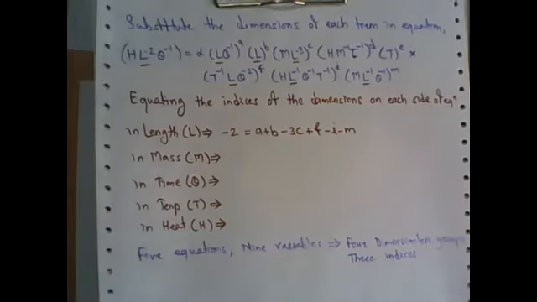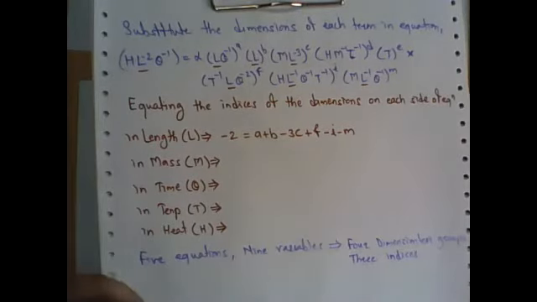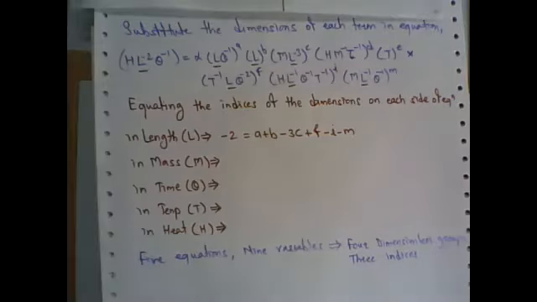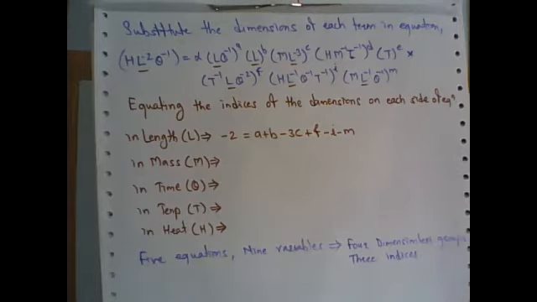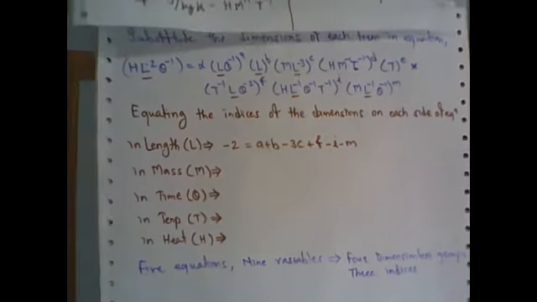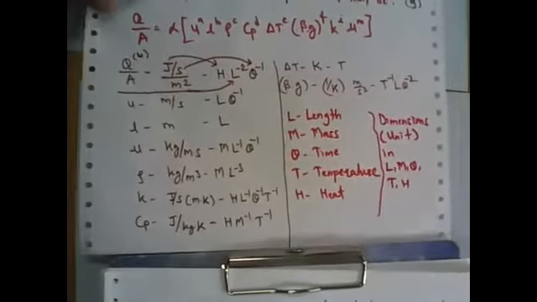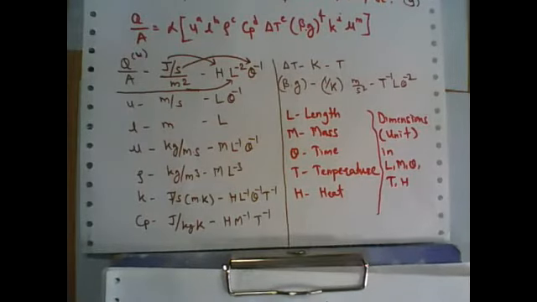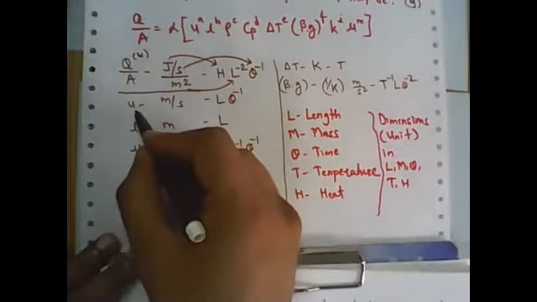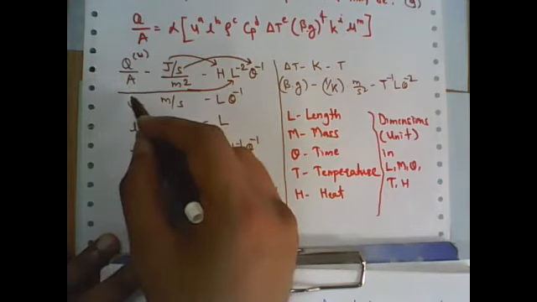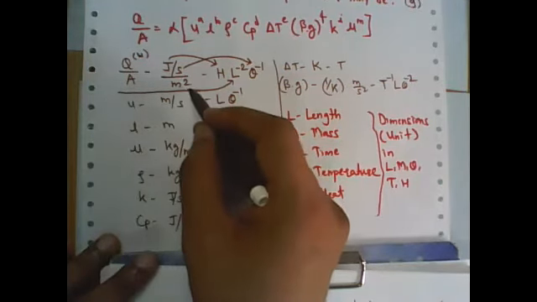Then you should put these parameters, or these L, m, theta, T, H numbers, in the equation. Now please observe this. I will give you some example. This is Q by A, so this is joules per second per meter square.